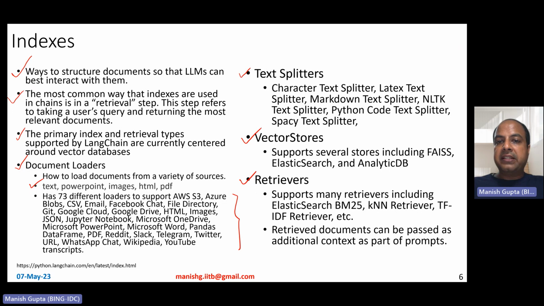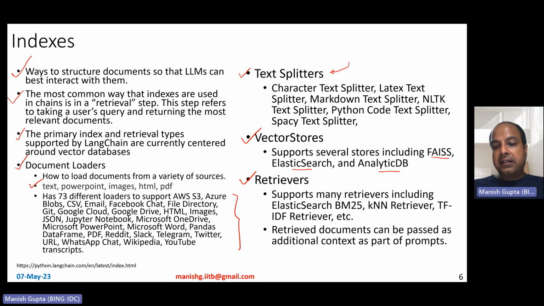LangChain also supports interesting text splitters. So the standard one is, of course, character text splitter or spaCy text splitter or NLTK text splitter, but there are also other kinds of splitters like Python code text splitter or LaTeX text splitter or Markdown text splitter. LangChain supports various vector stores, including the most popular ones like FAISS or Elasticsearch and AnalyticDB, so as to store these vector embeddings for different pieces of text.